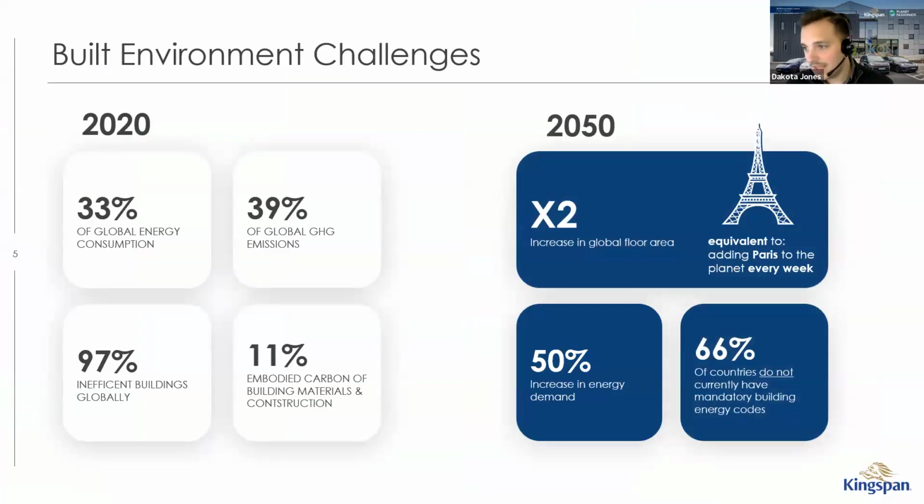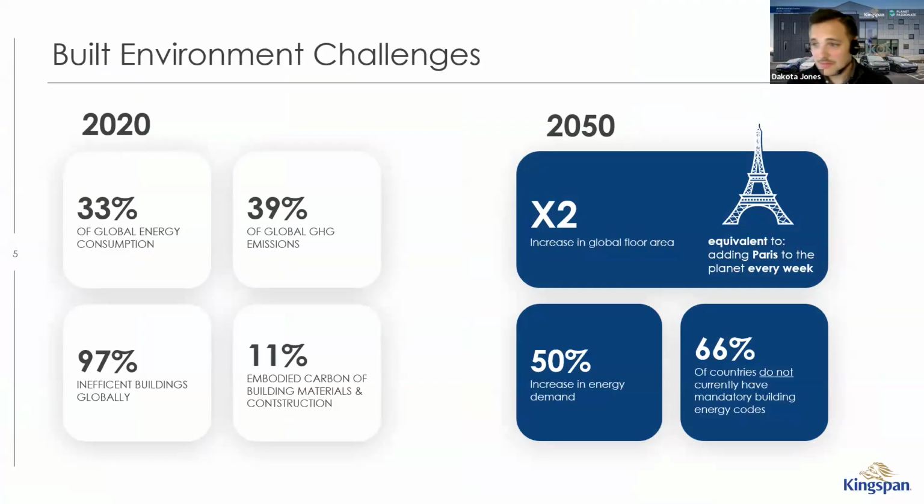So, like I said, USGBC later validated these kind of hesitations we had about our impact overall in the industry. This is based on 2020 numbers. If you guys aren't familiar with these, we'll go through these very quickly. But back in 2020, they found that about 33% of all global energy is consumed by the built environment. It's a very, very significant amount of energy that we're using to maintain, operate, and expand what we currently have.